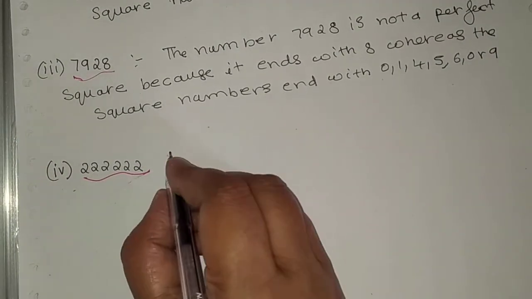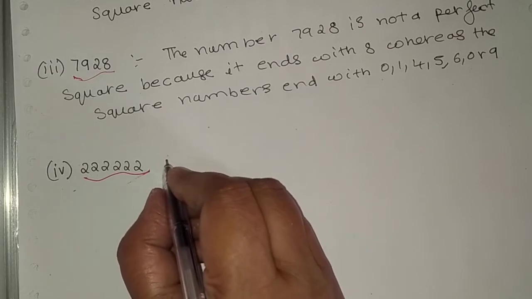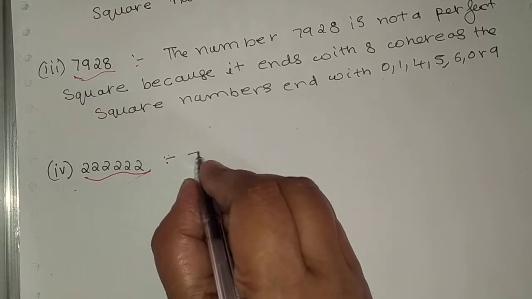Here they have given a 6-digit number, all 2s.